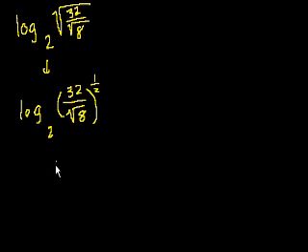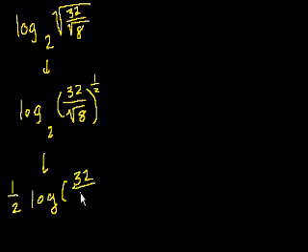And we know from our logarithm properties, the third one we learned, that that is the same thing as 1/2 times the logarithm of 32 divided by the square root of 8, right? I just took the exponent and made that the coefficient on the entire thing, and we learned that at the beginning of this video. And now we have a little quotient here.